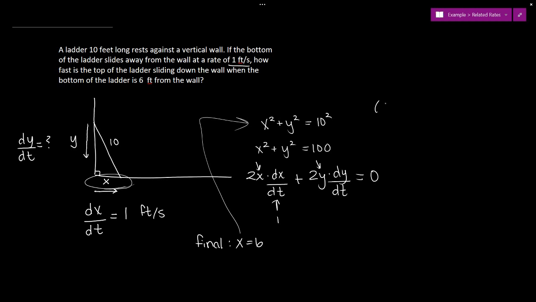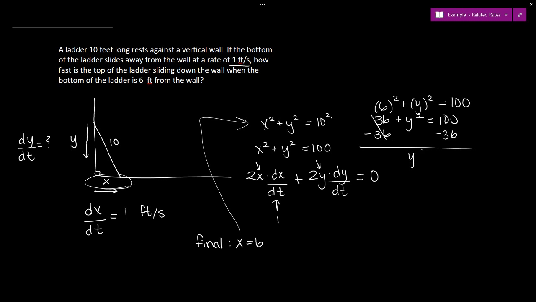So we'll say 6 squared plus y squared equals 100, or 36 plus y squared equals 100. Subtract 36 from both sides. We get that y squared is 64. We'll take the square root of both sides, and we would introduce a plus or minus, but y is a length, so it can't be negative. So we get y is 8.